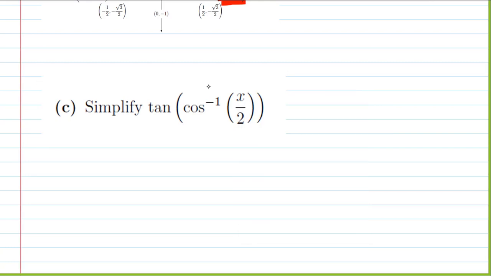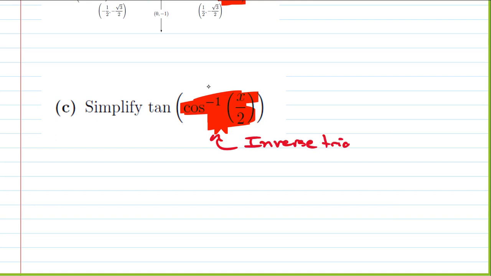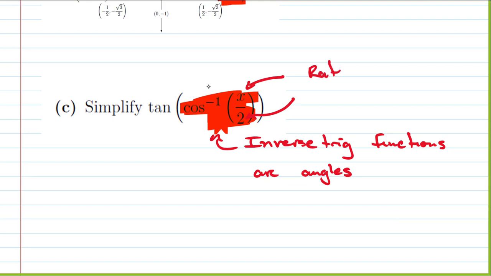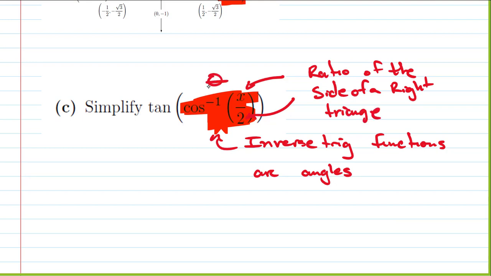The key idea here is we need to recall that inverse trig functions are angles. So then that means this is the ratio of the sides of a right triangle. So I'm going to call this theta.